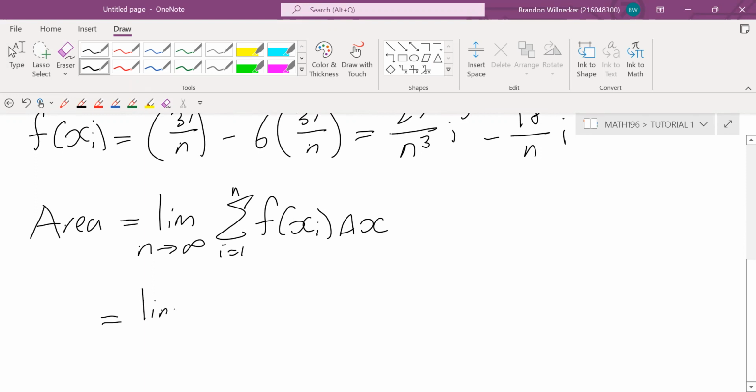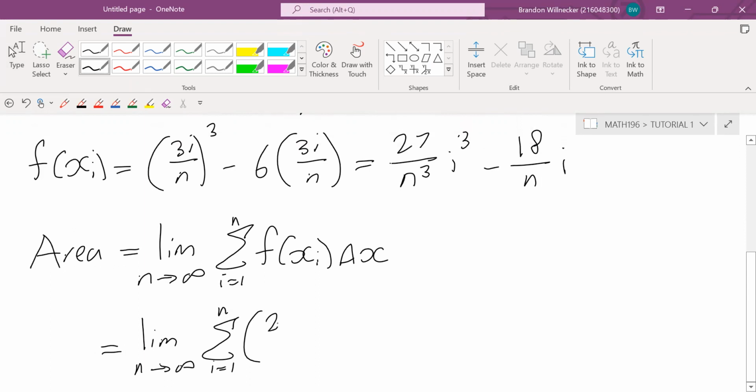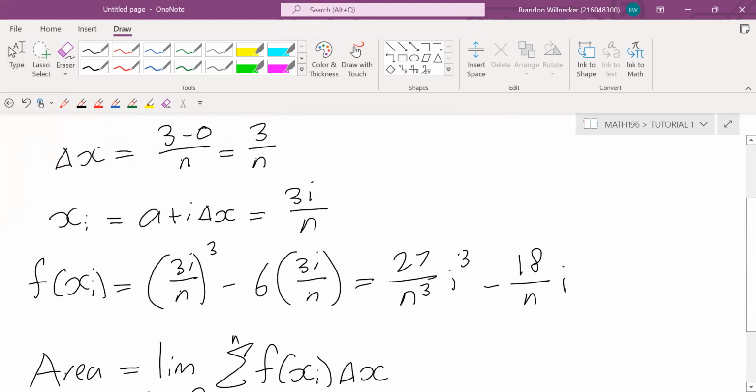So this is going to be the limit as n goes to infinity, the sum from i equals 1 to n, f of x_i, we just calculated that. That's 27 over n cubed, i cubed, minus 18 over n times i. And don't forget the delta x, that was 3 over n.